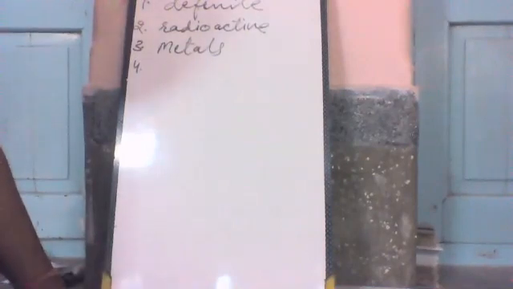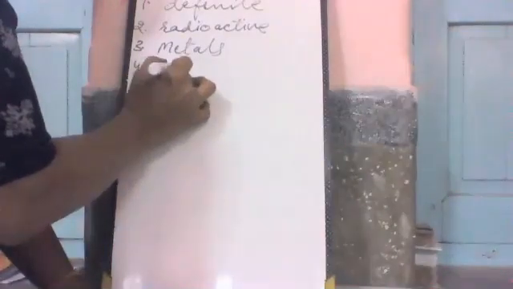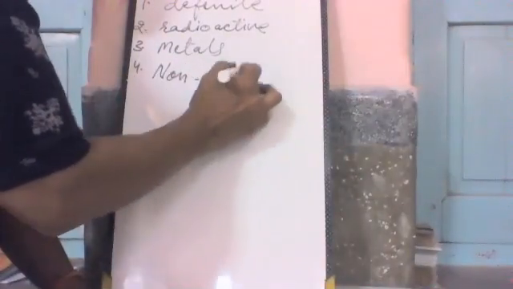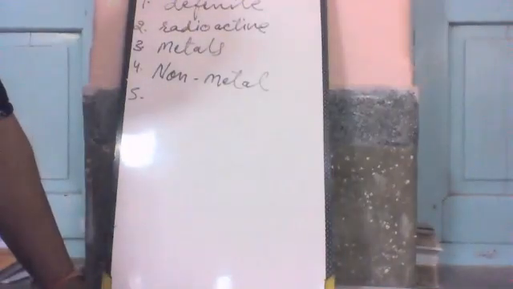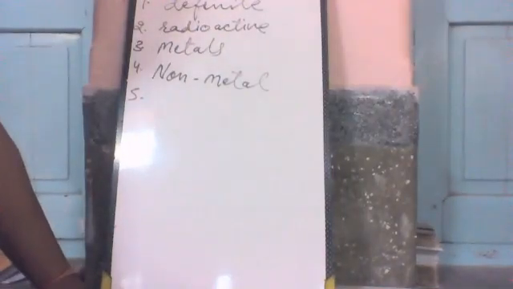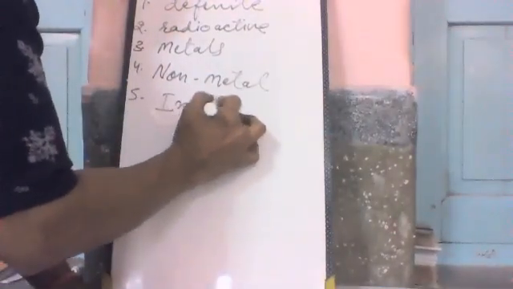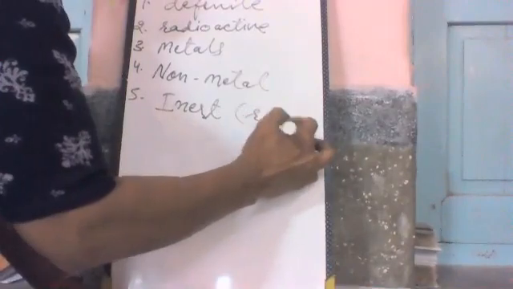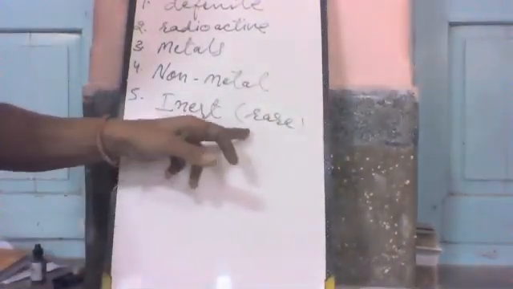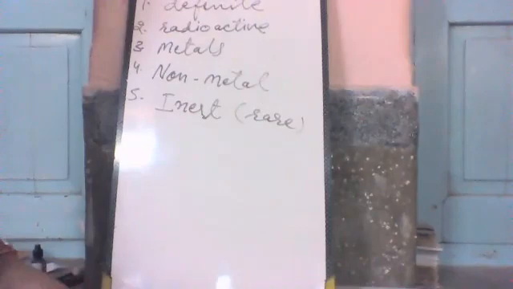Metals are electropositive elements. Elements that do not possess luster, nor produce any sound when beaten, are called non-metals. Gases which do not react are known as inert gases, or rare gases.